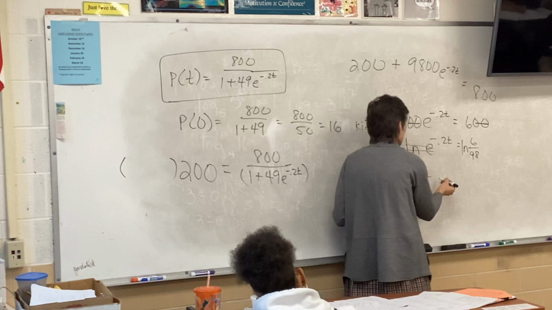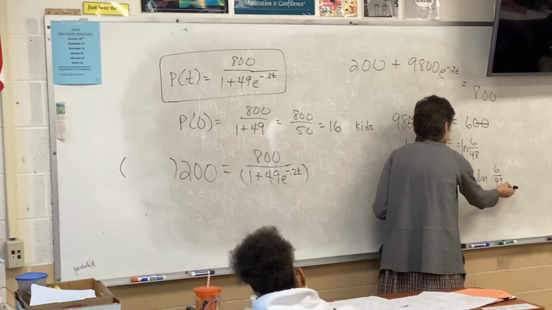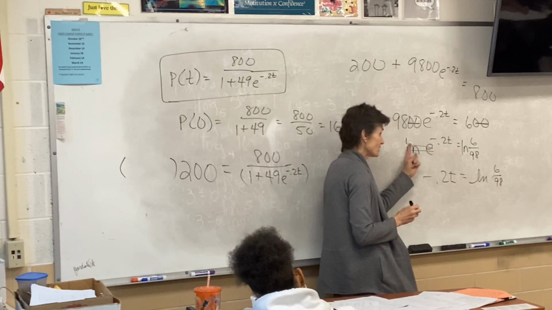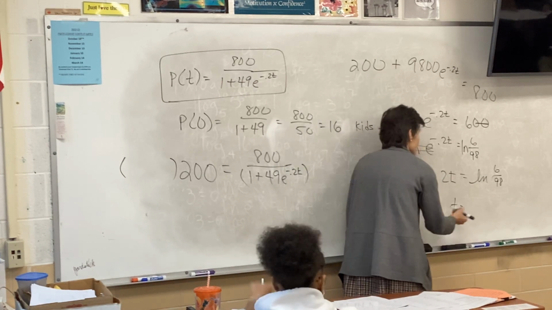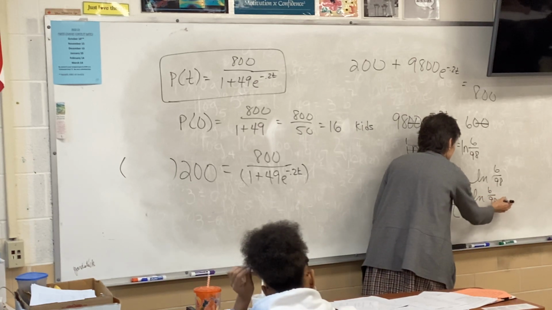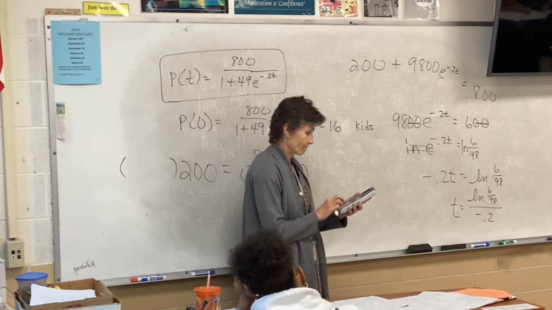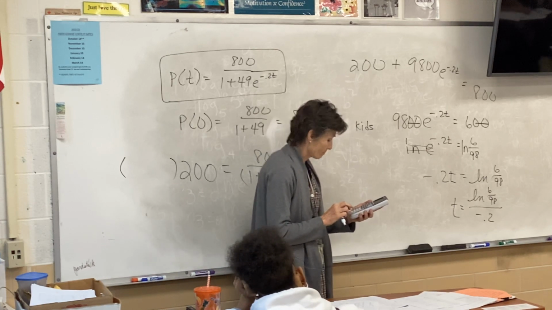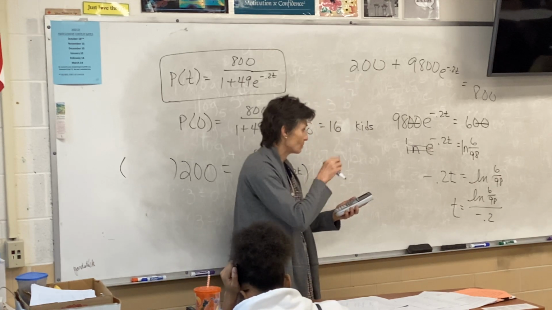So we have negative 0.2t equal to ln of 6 over 98. Now remember, we ln'd both sides. This one canceled, that one didn't. So t, which is the answer to the question, will be ln of 6 over 98 divided by negative 0.2.